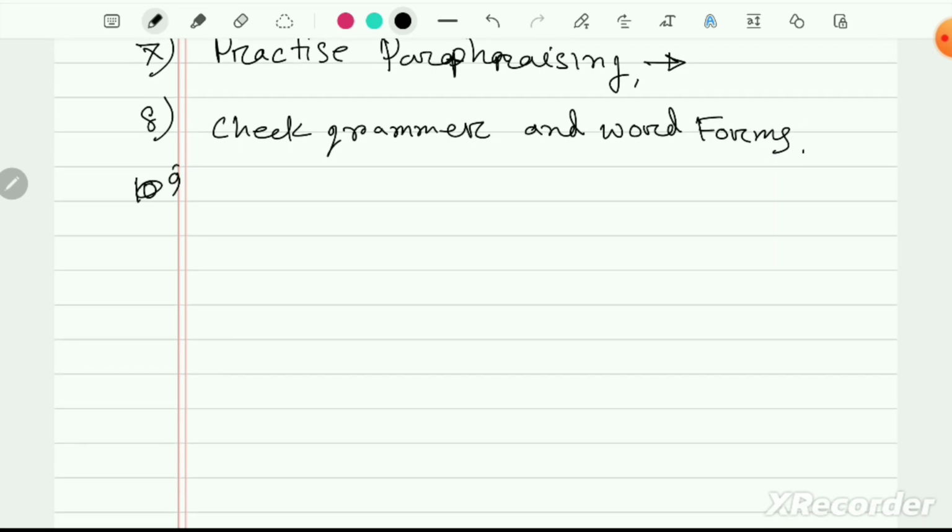Number 9, practice regularly. This is very important. In this regard, I would suggest you find some supplementary materials or books, or you can practice with your English textbook from 11th or 12th grade, reading comprehensions or synonyms. You can try to solve the questions from them.